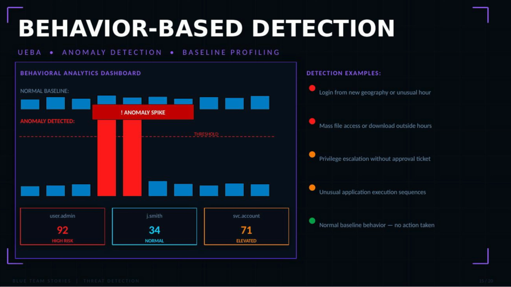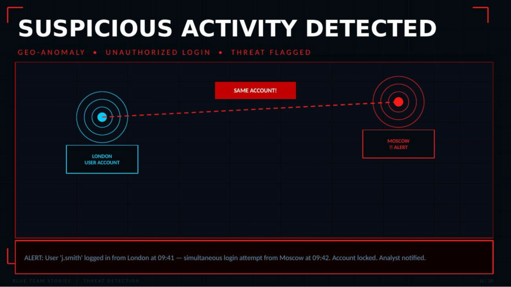For example, if a normal office employee suddenly begins accessing sensitive servers, downloading massive amounts of data, or running unusual commands, the activity may indicate compromise. Behavioral detection is extremely valuable because it can identify previously unknown threats, insider attacks, and advanced cyber intrusions that traditional methods might miss.